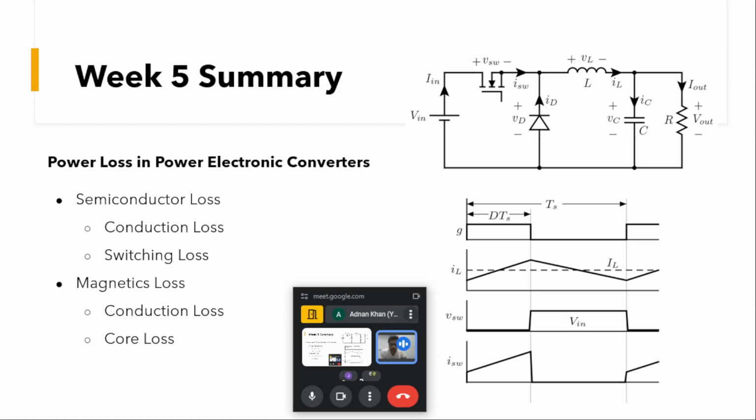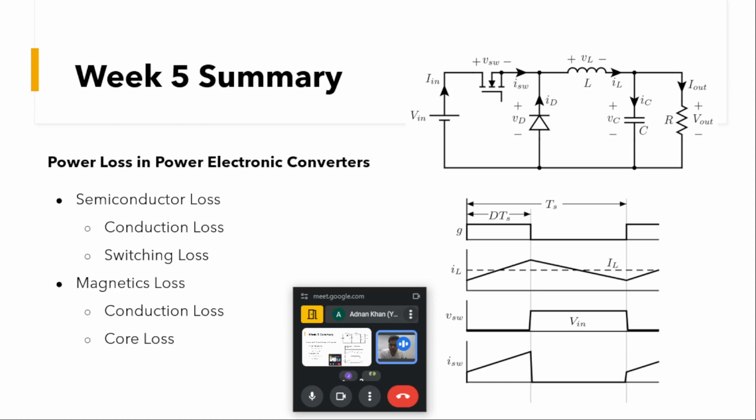The other loss in the devices is the switching losses. These losses occur whenever we turn on and turn off the device, and at that moment there is an overlap between the voltage and the current, as we saw in the turn on and turn off process in the previous sessions.